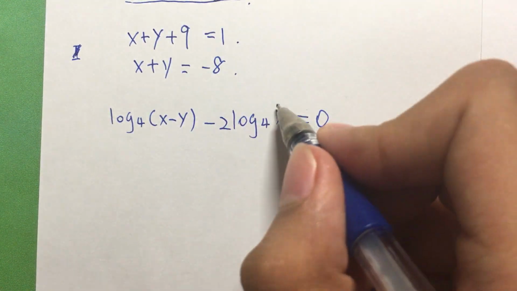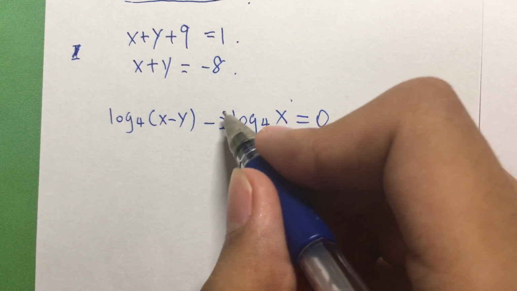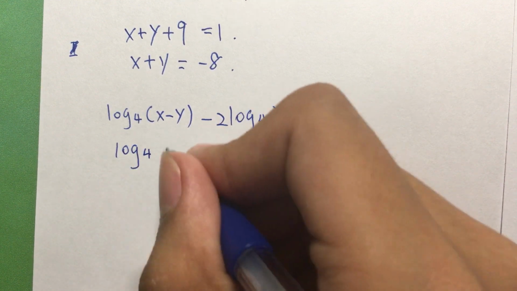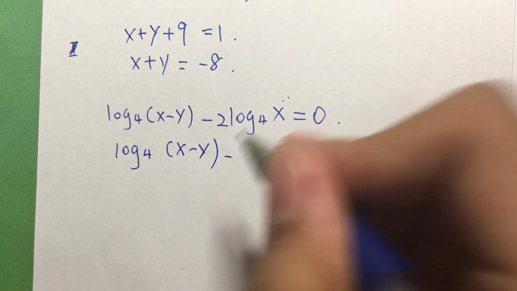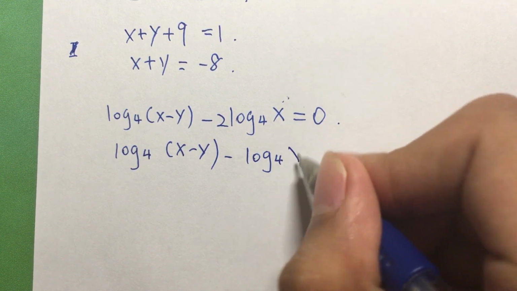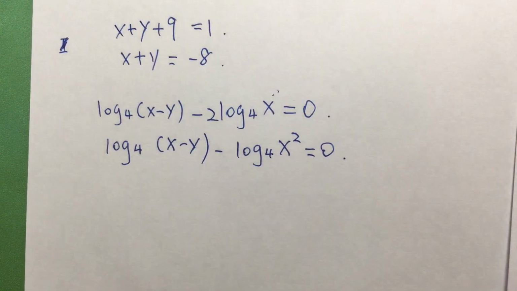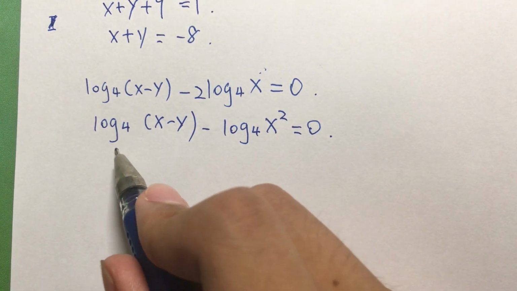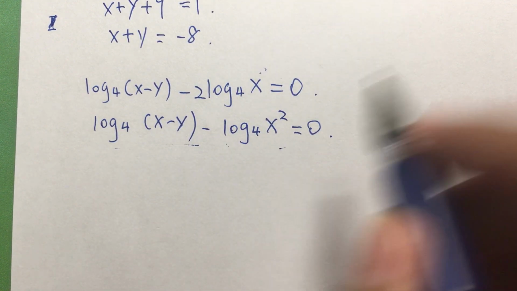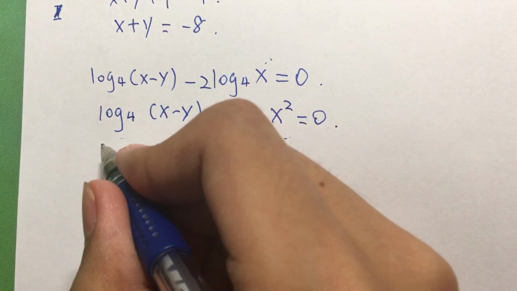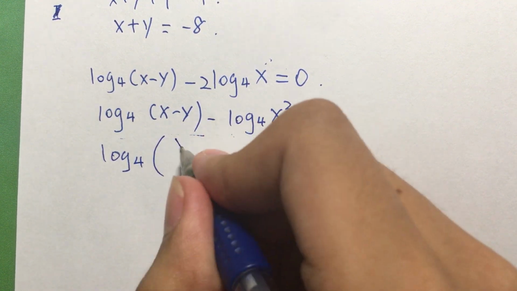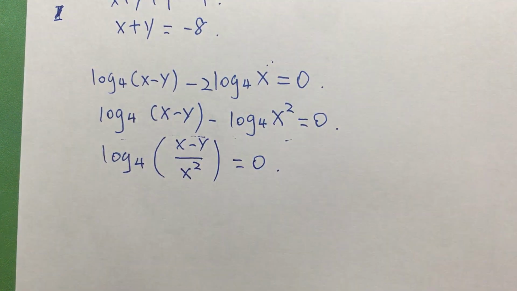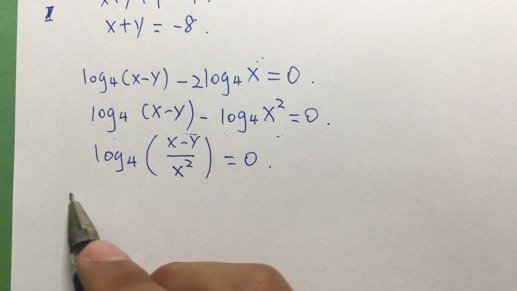Now because we can move the power down, we can also move the power up, which means this becomes log 4 of (x minus y) minus log 4 of x squared equals 0. Now let's use the division law, which is log a x minus log a y equals log a of x over y, which means this becomes log 4 of ((x minus y) over x squared) equals 0.